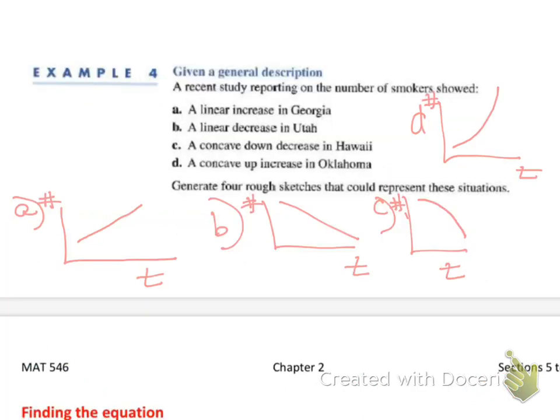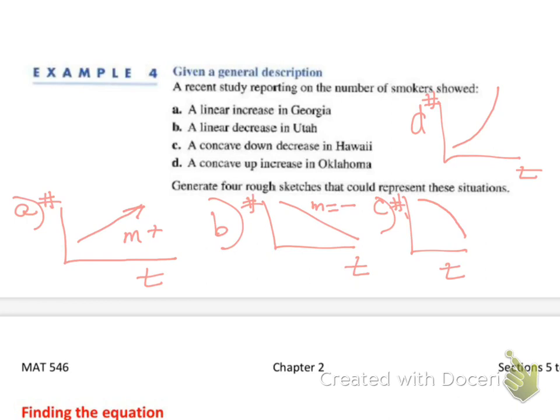Okay, so given this general description, can you figure out the graphs? Look what we have. For A, this indicates a linear increase in number of smokers over time. So your line is increasing, and your slope is a positive number. A linear decrease means that your slope has to be a negative number and it has to be a line.